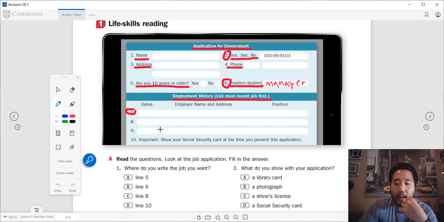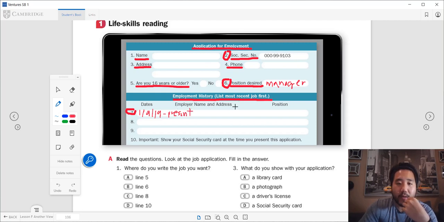But let's say my most recent job was at some kind of a shoe factory. For the dates, I need to write January 9th, 2019 to present. This means that I'm still working there, but I'm looking for a new job. That's why I'm filing.